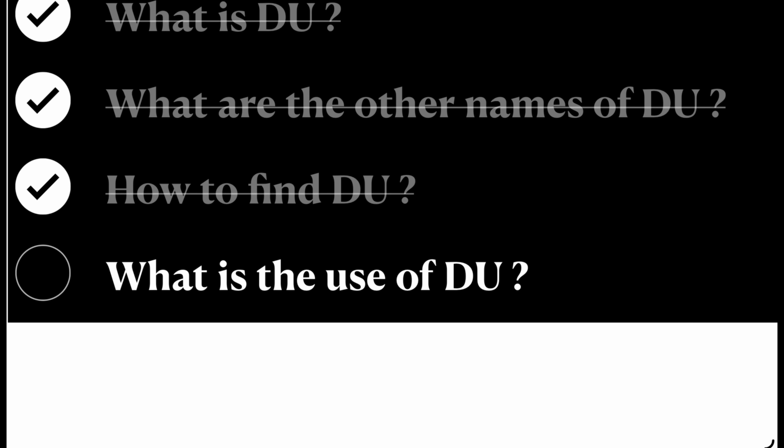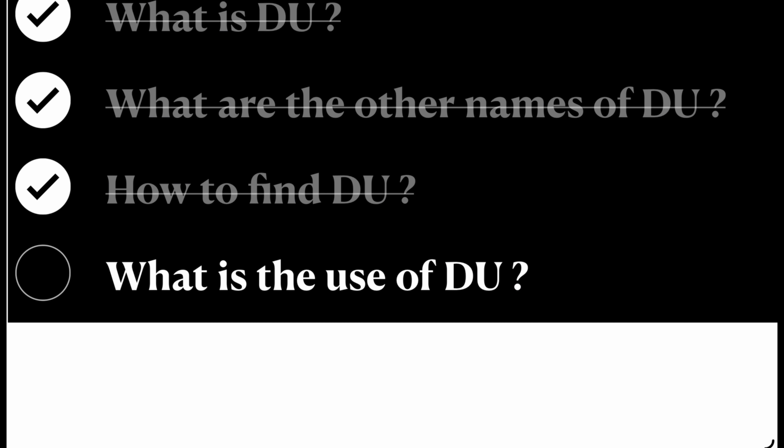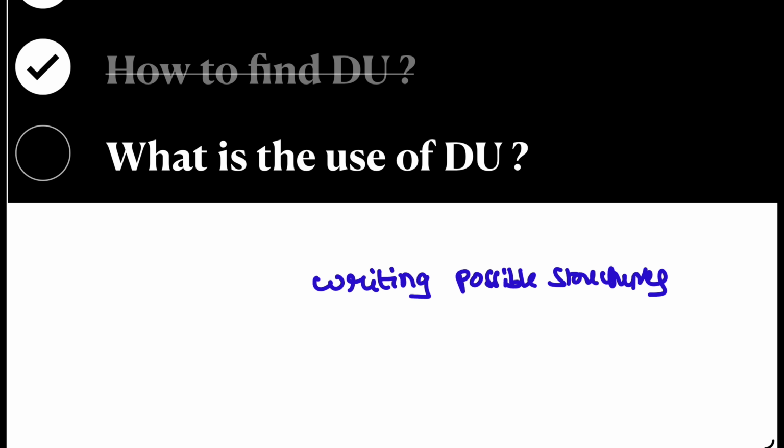Finally, what is the use of degree of unsaturation? The main purpose of degree of unsaturation is writing possible structures. Whenever the molecular formula is given, if you know the degree of unsaturation, you can write the possible structures, whether there is a double bond or not, whether there is a triple bond or not, whether a ring system is there or not.